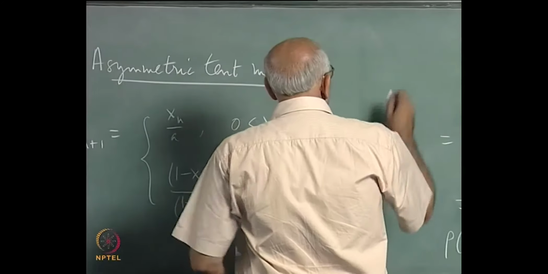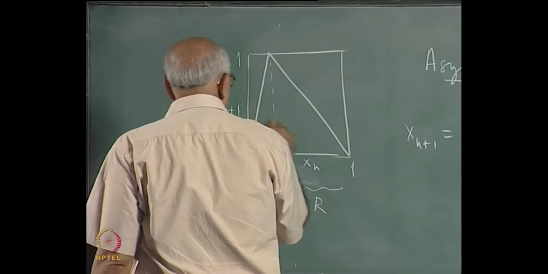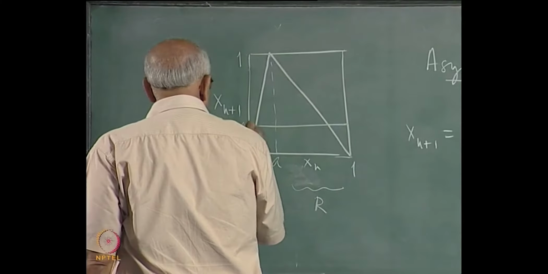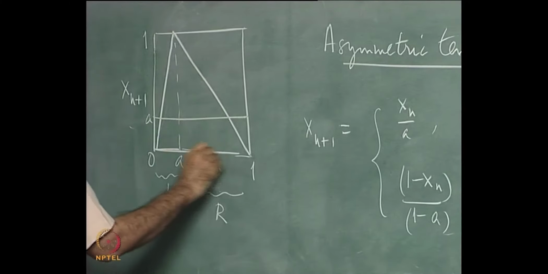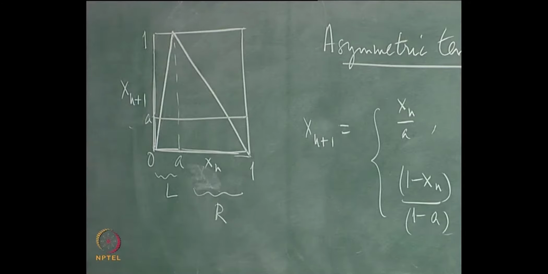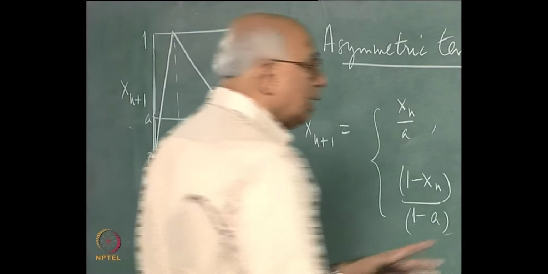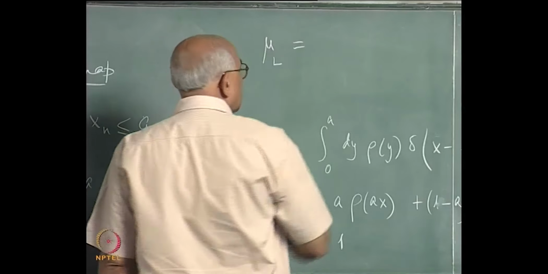First let us ask, so my cells are here, and this by the way is A also, so this is cell left here and that is right here, and this is left here and right here for the one step transition. First I ask what is the measure of the left cell, what is this equal to?